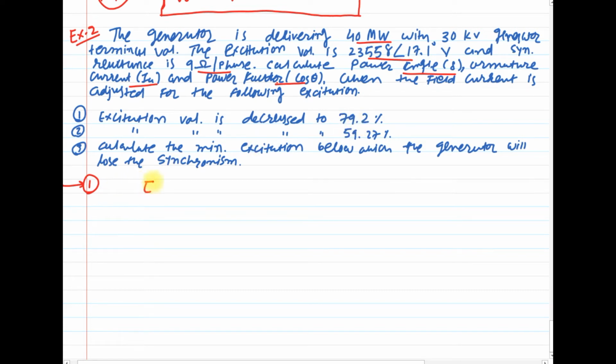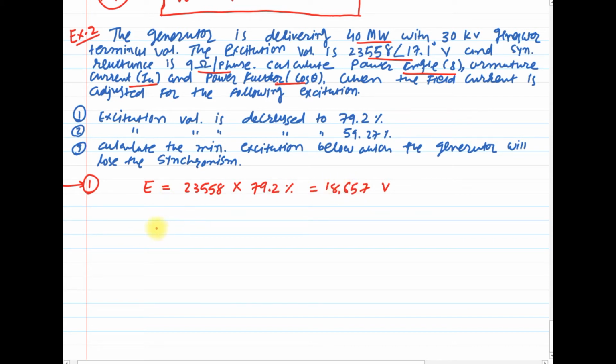Just write down E is equal to 79.2 percent of the original one, which is 23558. Just consider the magnitude as 23558 times 79.2 percent. So we will get 18657 volt. 18657 volt. Clear?